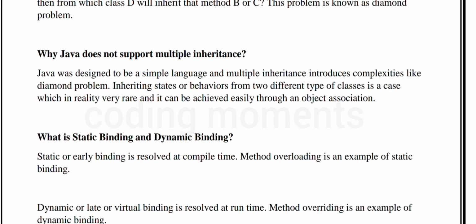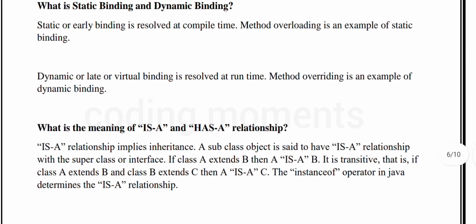What is static binding and dynamic binding? Static or early binding is resolved at compile time. Method overloading is an example of static binding. Dynamic or late or virtual binding is resolved at runtime. Method overriding is an example of dynamic binding.